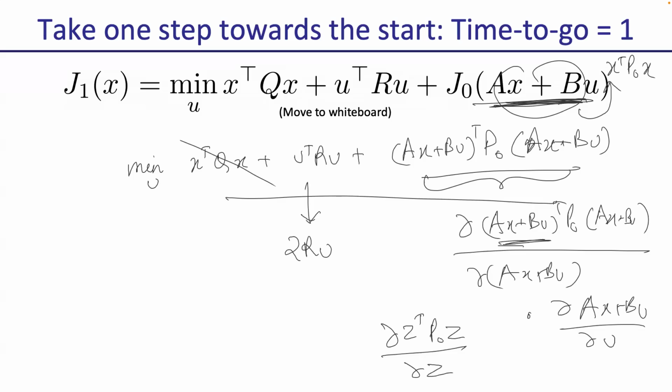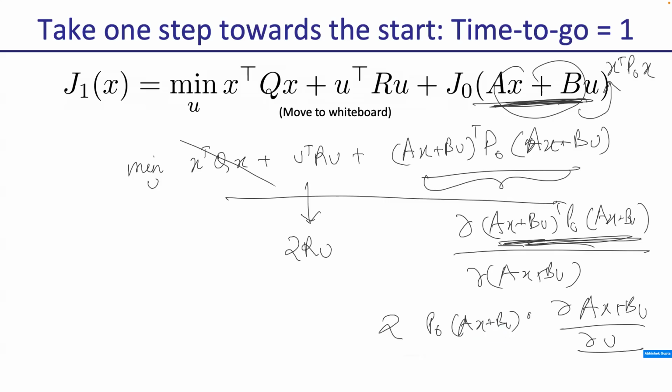Is it just 2 P naught and then times AX plus BU? Yes, exactly. So this term is going to simplify to 2 P naught (AX plus BU). And this term is just going to simplify to B transpose. So you're going to end up with 2B transpose P naught (AX plus BU), right? So all you need to do is the chain rule.